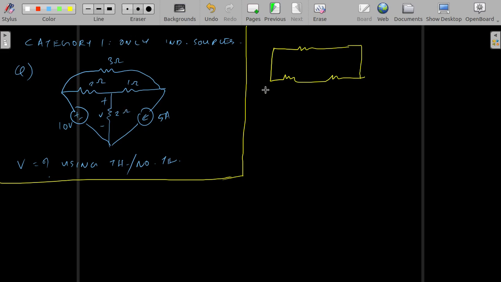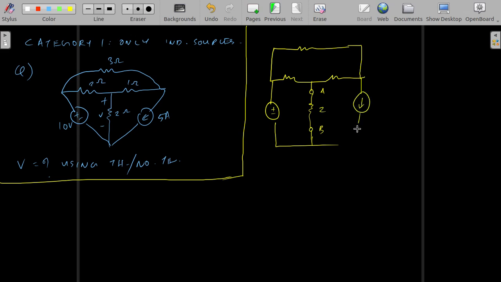So that time what we do is we define A and B. We define the two terminals. We keep this element aside, and we find the equivalent circuit across this terminal. We put the element back, and then we finally find the response.